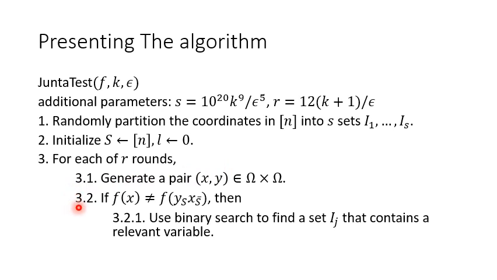Then we will check if f disagrees on x and the hybrid input of y written at the s coordinates and x written at the s bar coordinates. And if these values are indeed not equal, then according to the previous observation, we can use binary search in O of log s queries to find a set that contains a relevant variable.